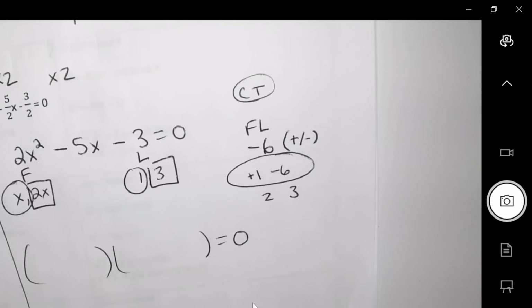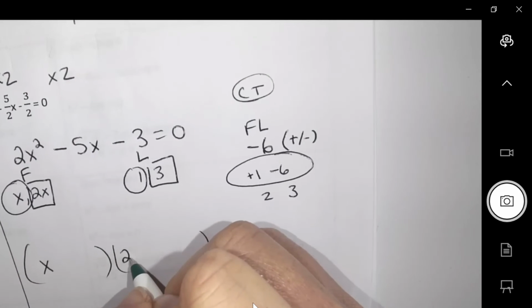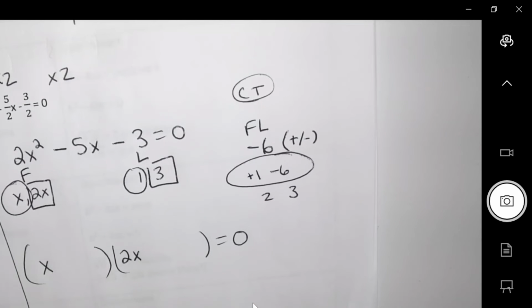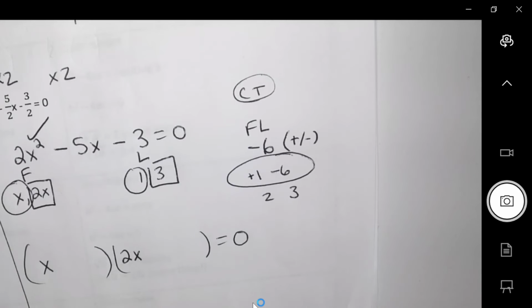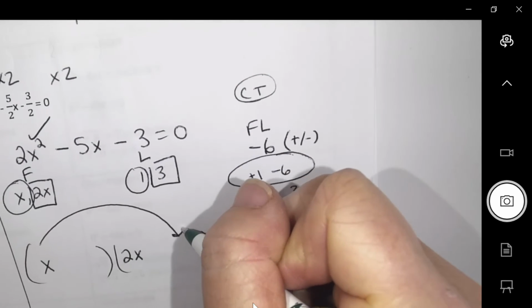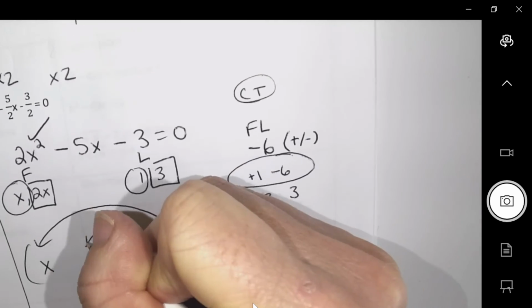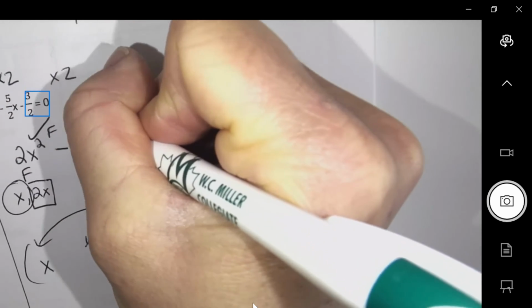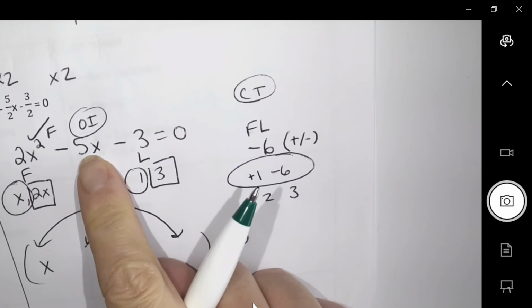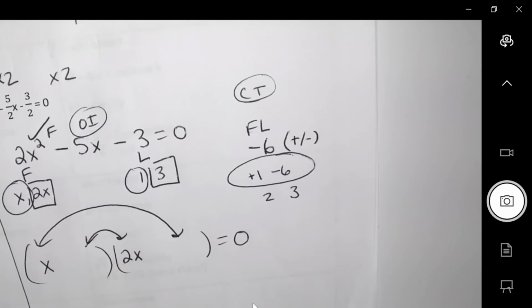Okay, think about how you're lining up the foiling. The first times the first. Check, 2x squared. That's already the part that's done. Outsides and the insides go together to make that.